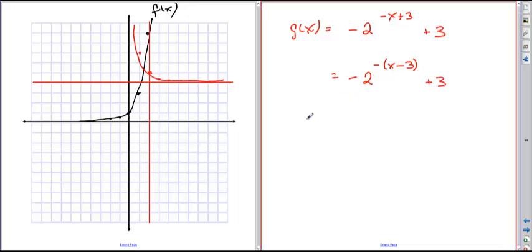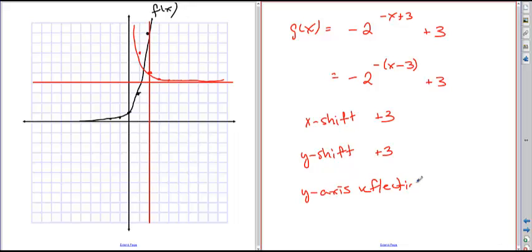Looking at it in this form, we'd say the x shift is plus 3, because we have x minus 3. The y shift is plus 3. The negative in the exponent means y-axis reflection. And the negative in front means x-axis reflection.